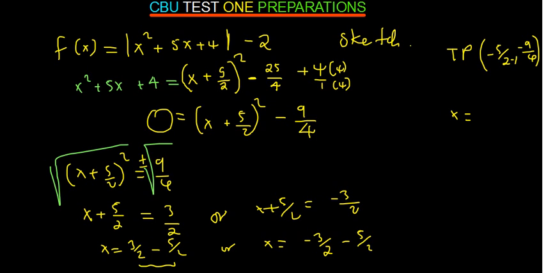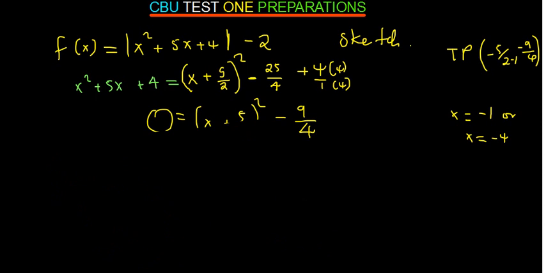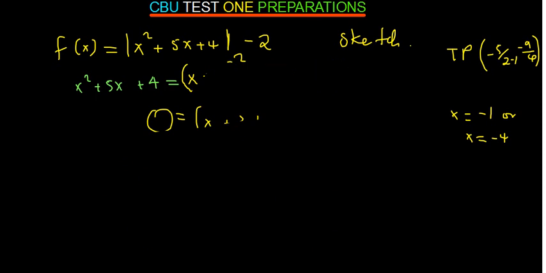Negative 2 over 2 is negative 1. Or x is equal to negative 3 minus 5, that's negative 8, over 2, which gives us negative 4. So these are the x-intercepts. I'll now remove this. We can now sketch the graph.